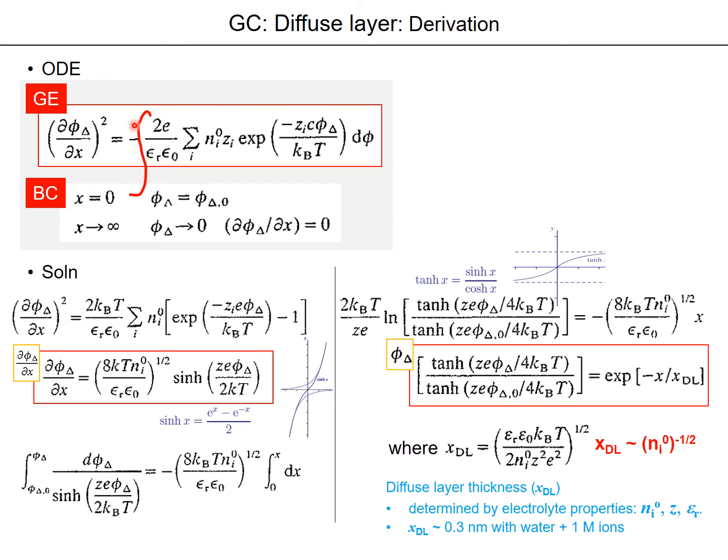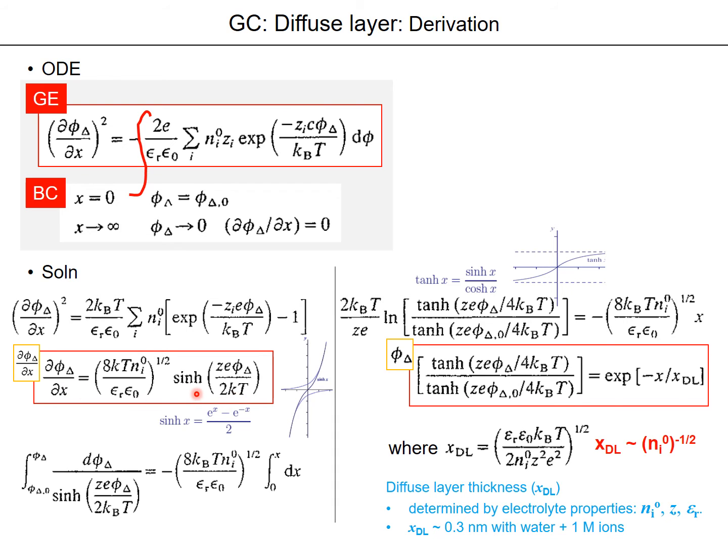After integration, you have this equation from the governing equation with the boundary condition. Then here is the square. So by taking the square root of both sides of the equation, the first derivative of potential phi delta is equal to this equation.